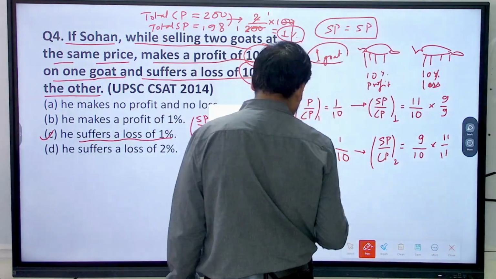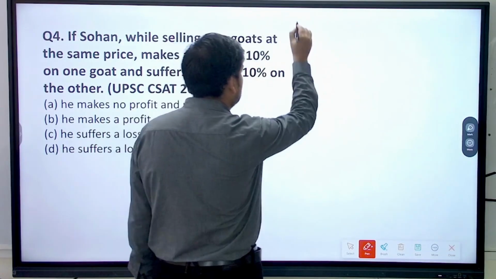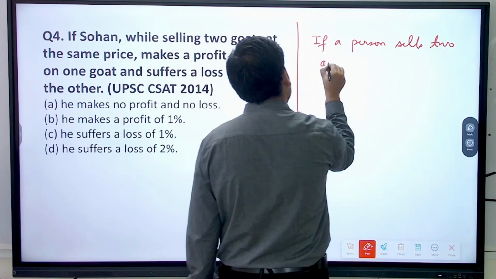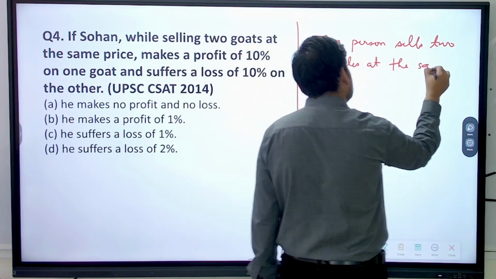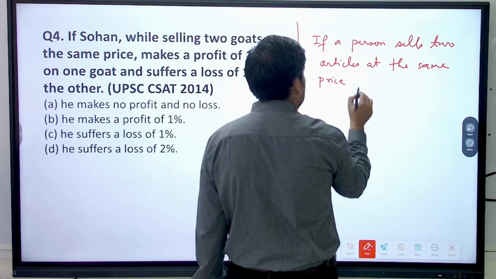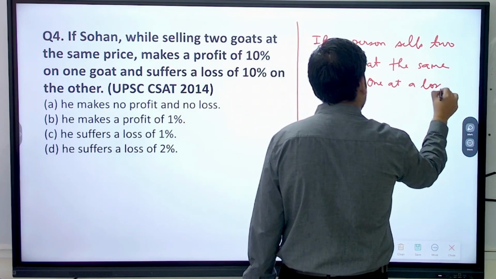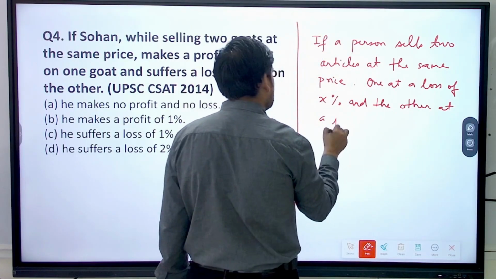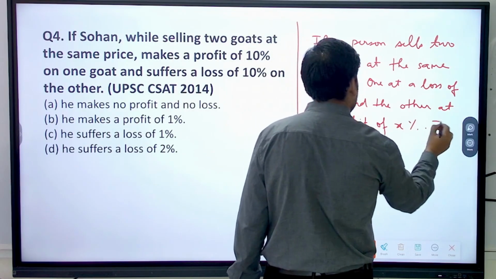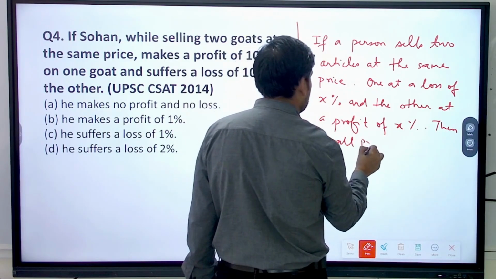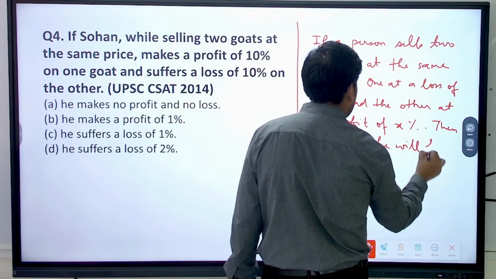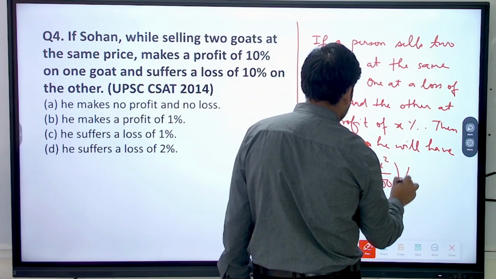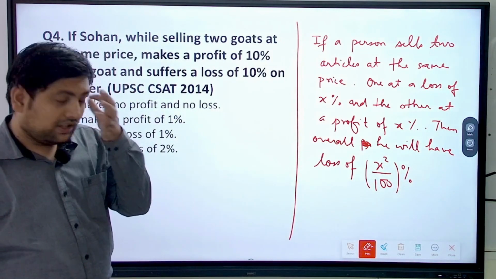See, simply, if a person sells 2 articles at the same price, one at a loss of X% and the other at a profit of X%, then overall he will have a loss of X square by 100%. Okay, this is what you can remember.